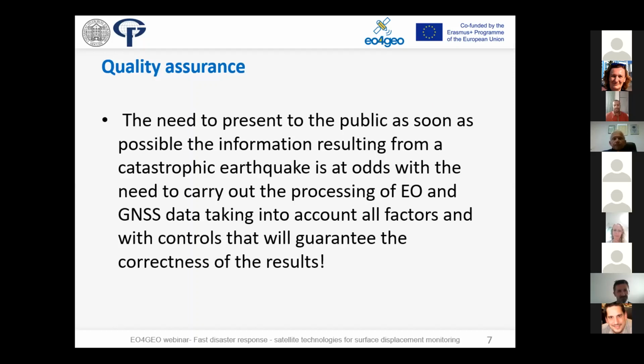Basically, the need or intention to present to the public as soon as possible the information of scientific computation results, consequences of a catastrophic earthquake, is at odds with the need to carry out the processing of Earth observation and GNSS data with complete scientific and professional rigor, taking into account all factors and conducting all controls which will guarantee the correctness of the result.